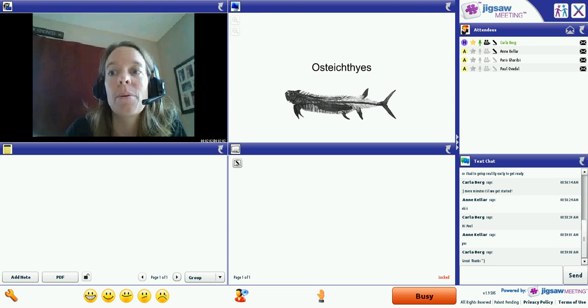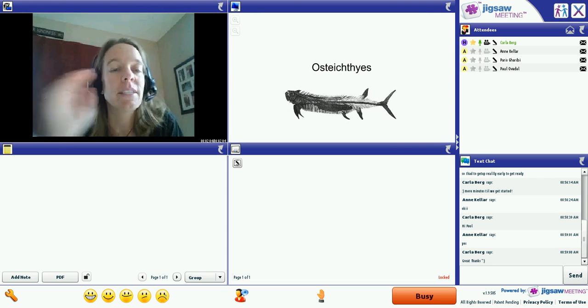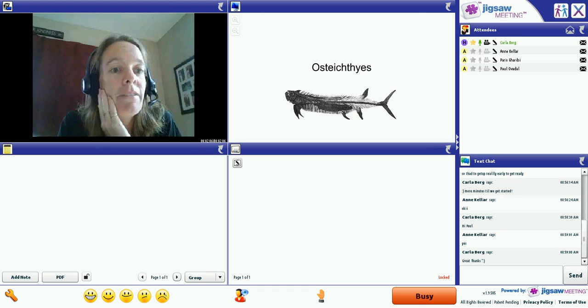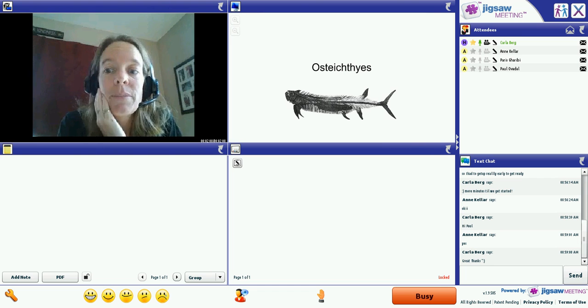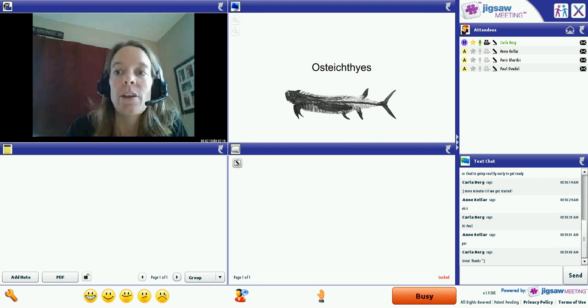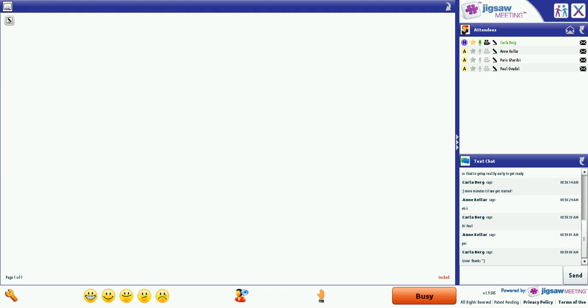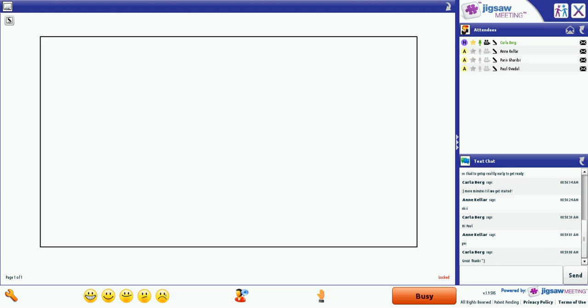Last week, we talked about the scientific method and the different zones in the ocean. I just unlocked your whiteboard. I'm going to make a little chart up here for us. Remember, you may want to make your whiteboard larger when we're drawing on it.